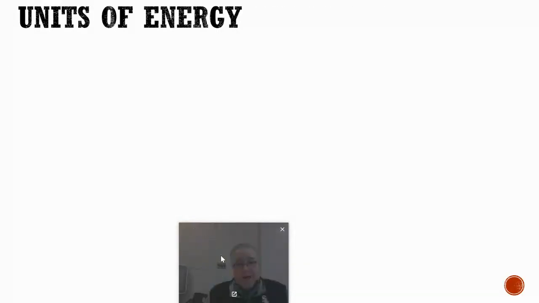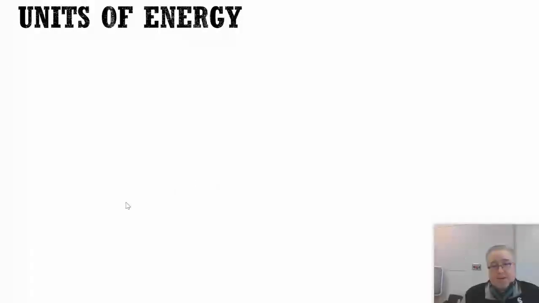All right. One thing I do want you guys to be aware of, because we will be doing some math in this unit, is units of energy. There are lots of different units of energy.